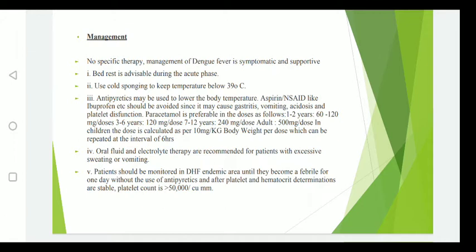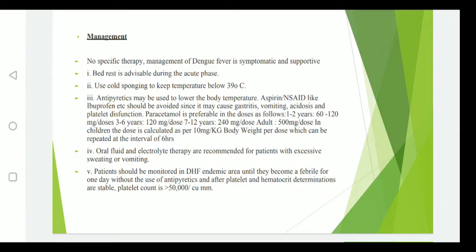Then next, paracetamol is preferably used. For 1 to 2 years, the dose is 60 to 120 mg per dose. For 3 to 6 years, we give 120 mg per dose. For 7 to 12 years, 240 mg per dose. For adults, 500 mg per dose.